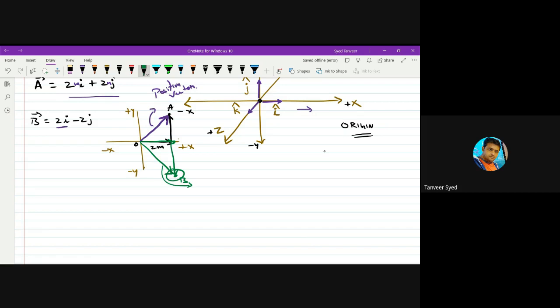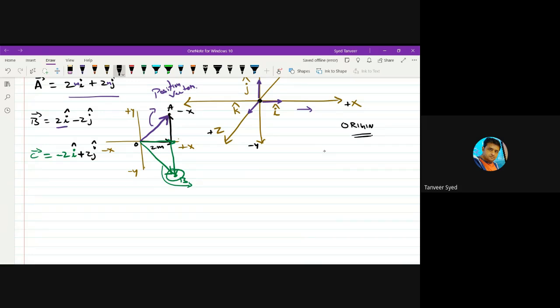If I write another vector C as minus 2i plus 2j. Sir, you are not writing cap. Okay, this cap, if you write it, well and good.